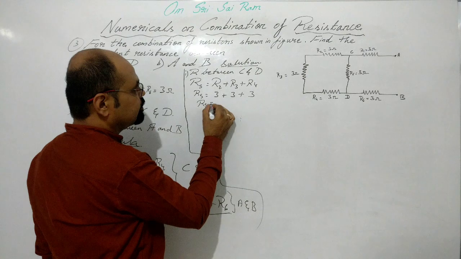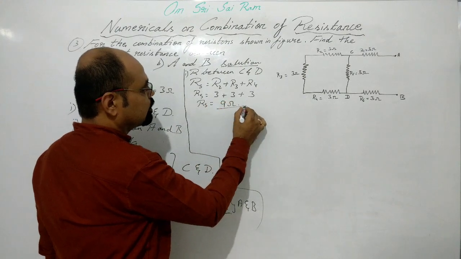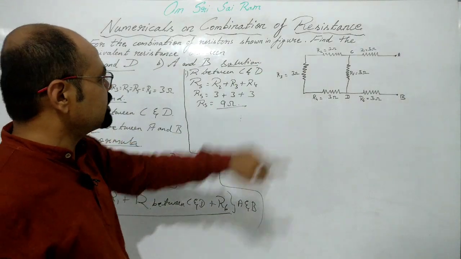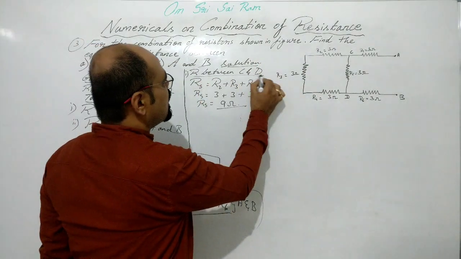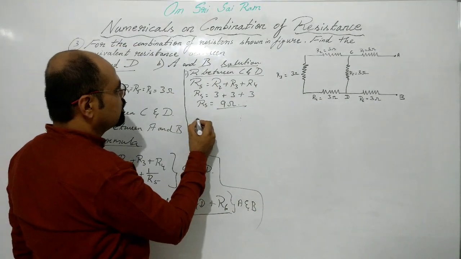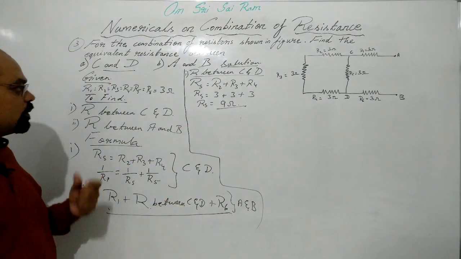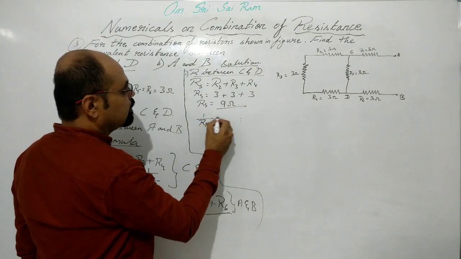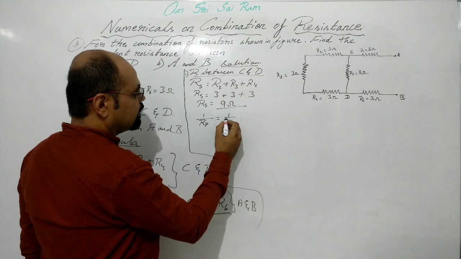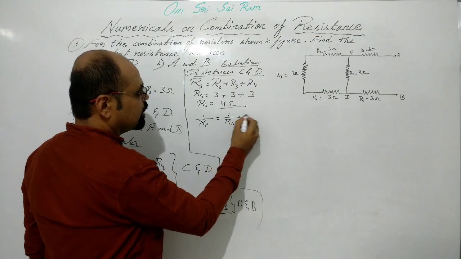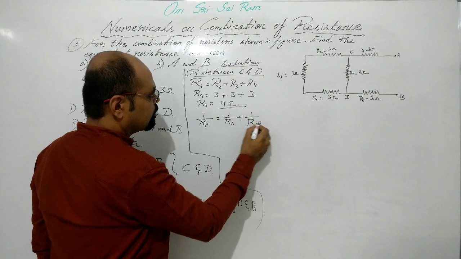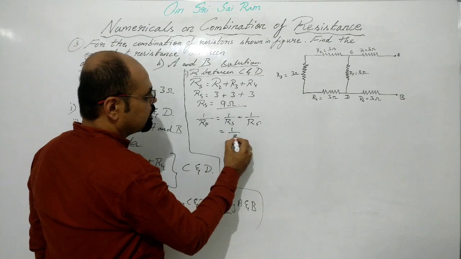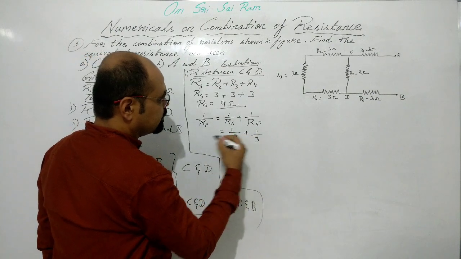We get Rs equals 9 ohms. The first condition, the three resistors. Now we want total resistance between C and D. For that we are using the formula 1 by Rp equals 1 by Rs plus 1 by R5. 1 by Rs is how much? We have got the value 1 by 9 plus 1 by 3.